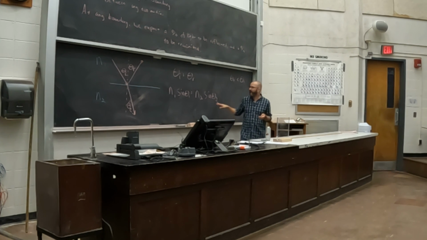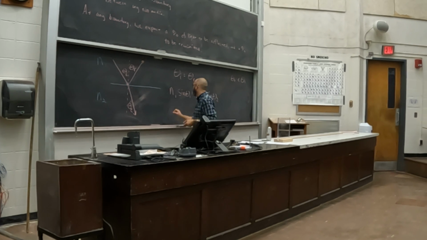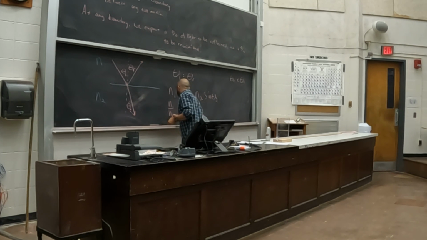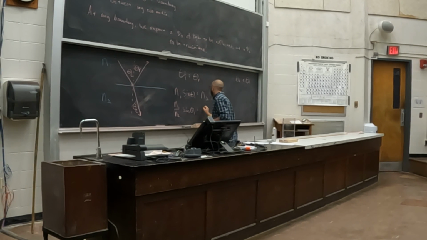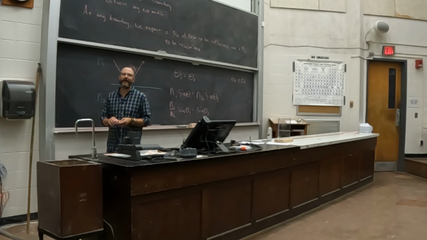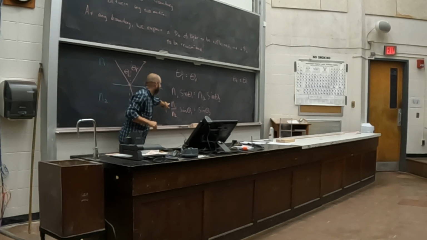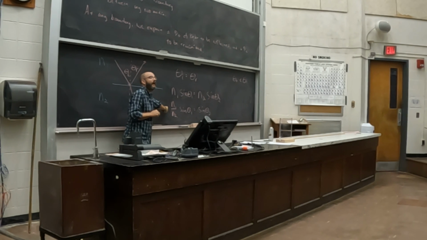So I want to know what theta 2 is in relationship to theta 1. So let me solve for it. n1 over n2 sine theta 1 is equal to sine theta 2. The answer is right here: n1 over n2. Bigger than 1, less than 1? You tell me.